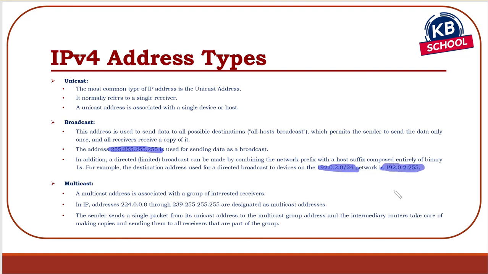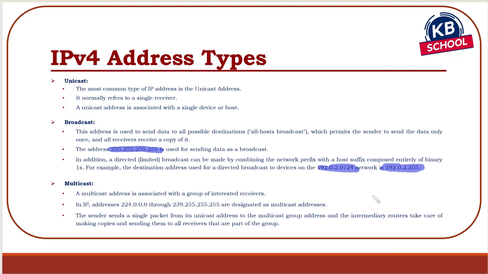Every network would have an address reserved as the broadcast address. So when I want to communicate to all the different devices on that particular network, I send it to that address. That broadcast address is an address on that network where all the host bits are 1. When you see all the host bits as 1, that is the directed broadcast address for that network.